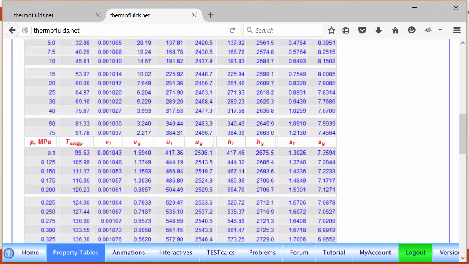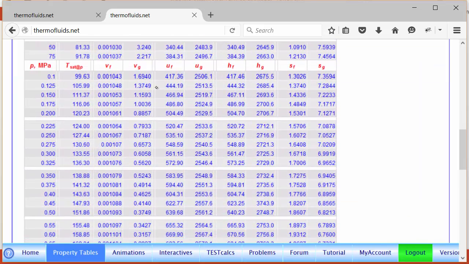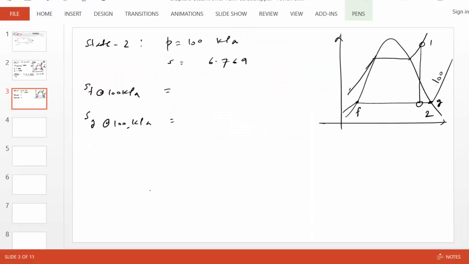At 100 kPa we can pick up SF and SG. We'll also pick up HF and HG and write these numbers down. So SF is 1.3026 and this is SG, and by the same token HF, we may need that a little later, so I'm just being methodical here.